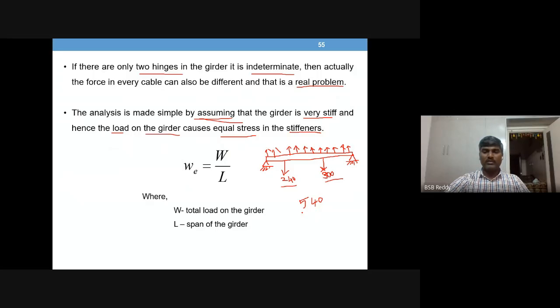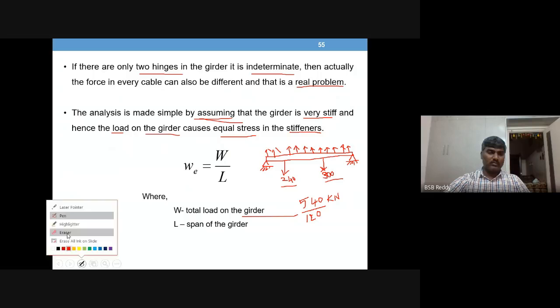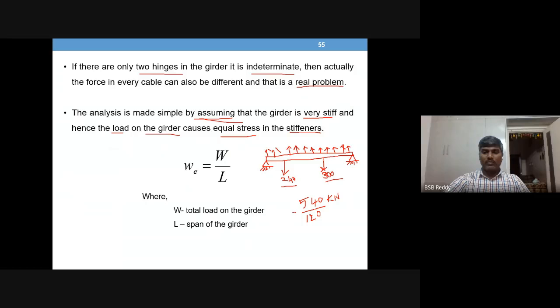So this load divided by the span, 120, is equal to 4.5 kilonewton per meter.